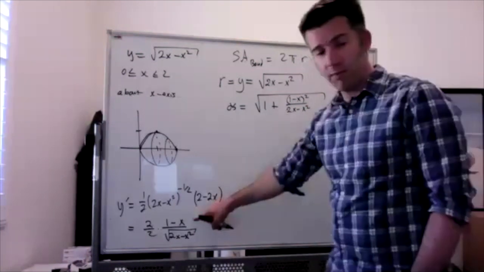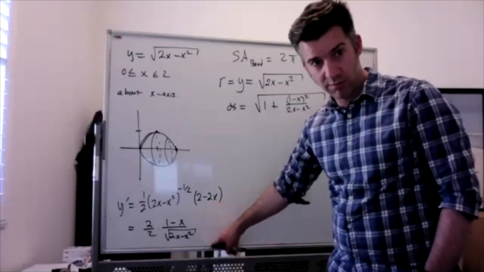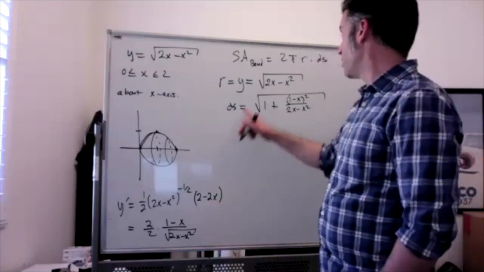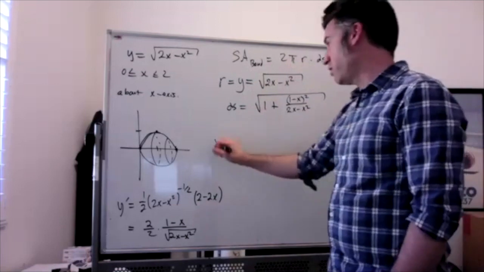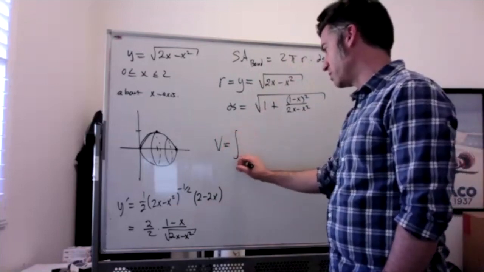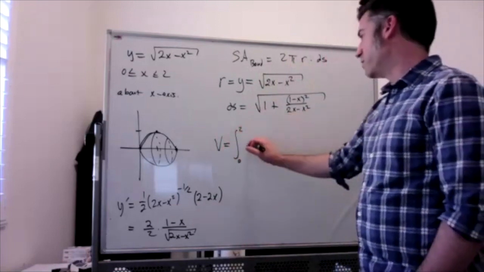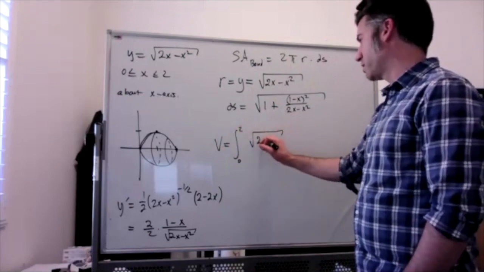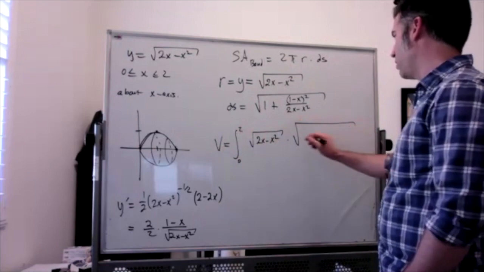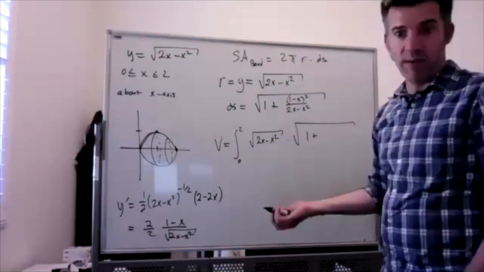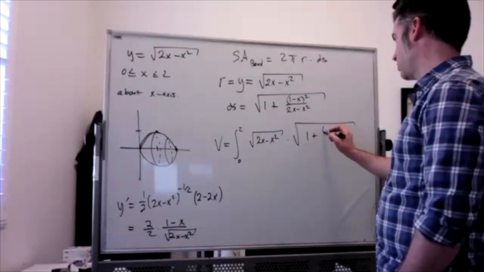Right, I squared the top, I squared the bottom. So now the surface area is 2 pi times this times this. So my total surface area is the integral from 0 to 2 of the square root of 2x minus x squared times the square root of 1 plus 1 minus x squared over 2x minus x squared.